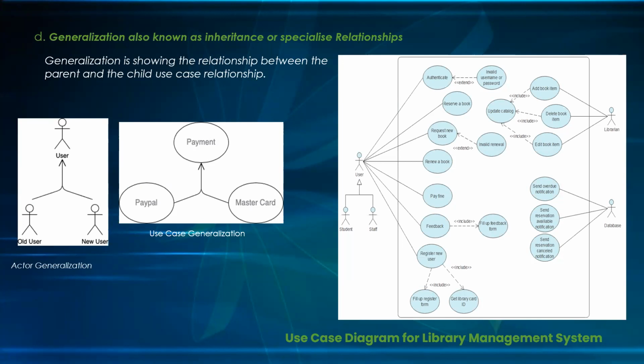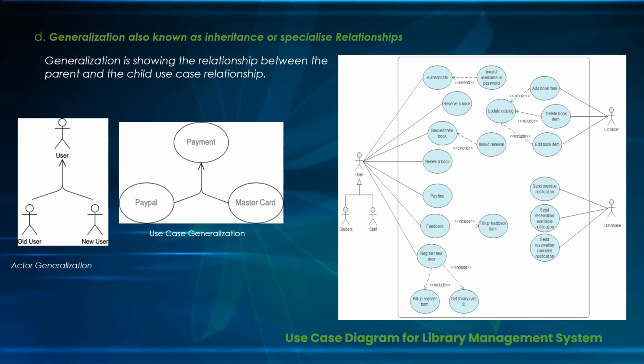Now it's more like a relationship between a parent and a child. That's why it's called inheritance. The two of them, the old and the new user, can also be generalized as a user.